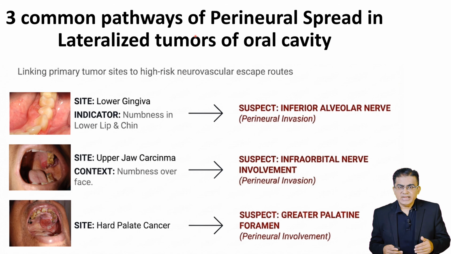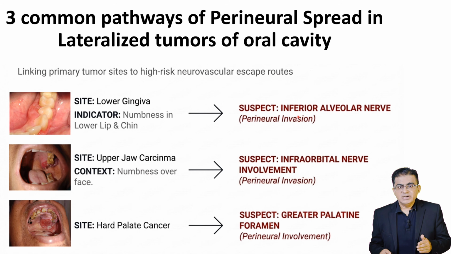Before we zoom in and dissect the intricate radiological anatomy of each individual pathway, I need you to understand the big picture. Look at this slide on your screen. This is your ultimate clinical cheat sheet for OPD. It maps out the three major pathways of perineural spread, directly linking the primary tumor site to its specific high-risk neurovascular escape route.